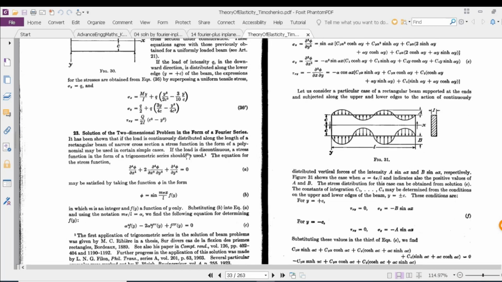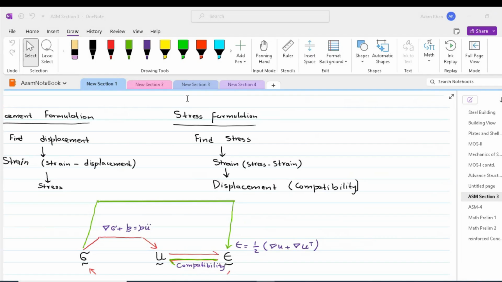We will now discuss solution of two-dimensional problems in the form of a Fourier series. This discussion is in continuation of plane stress problems. We will try to employ stress formulation. The previous two examples of a simply supported beam and a fixed-ended beam were solved using polynomial functions.